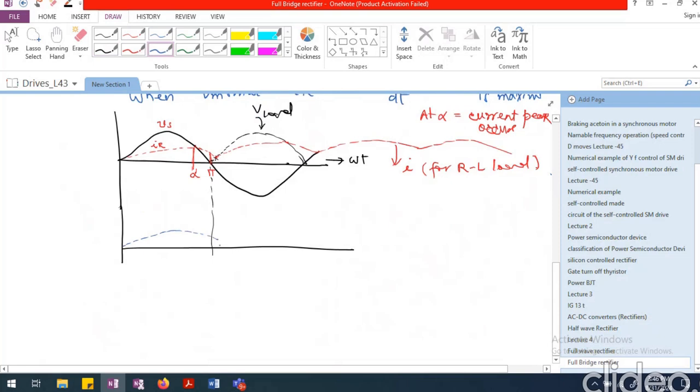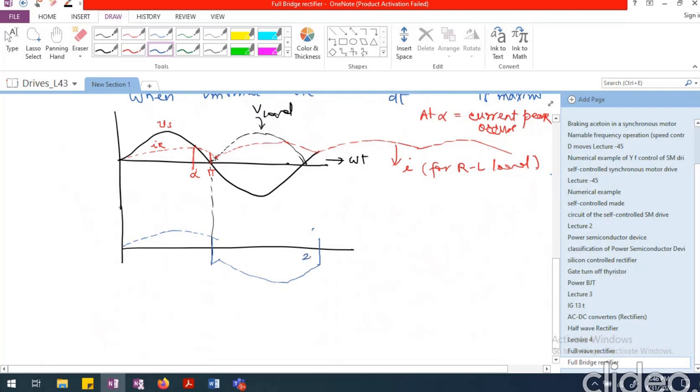At pi it becomes the reverse of the load current, decreasing the other way around, then increasing again at 2 pi.